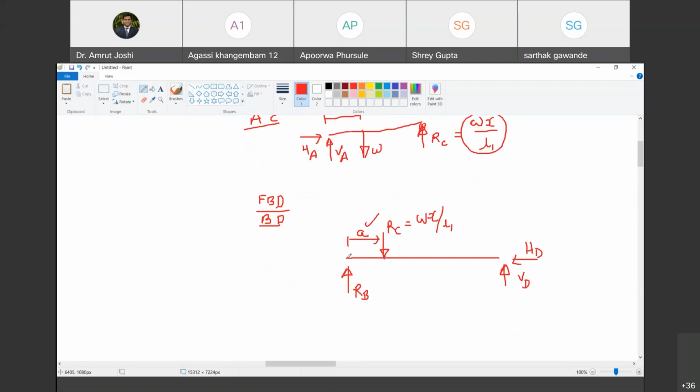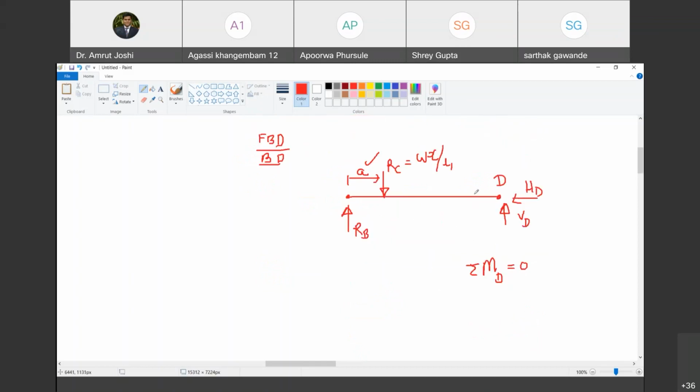This A is a known quantity. And what do I want to find out? I want to find out RB. So what am I going to do? The algebraic sum of moments of all the forces about D must be equal to 0. Which forces are there? Tell me, what will be the moment of RB about D? No, the moment of RB. RB into L2. Do you agree with me? Yes, sir. RB into L2 is clockwise, so minus. Happy?